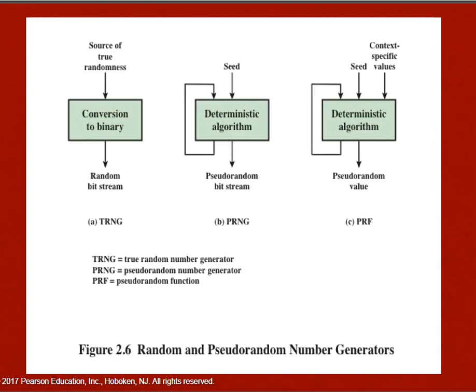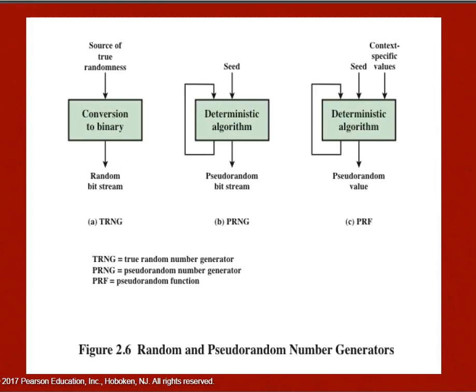To briefly explain this figure, Figure 2.6 contrasts a true random number generator, TRNG, with two forms of pseudo-random number generation. The TRNG takes as input a source that is effectively random. The source is often referred to as an entropy source. It is drawn from the physical environment of the computer and could include things such as keystroke timing patterns, electrical activity, and mouse movement.